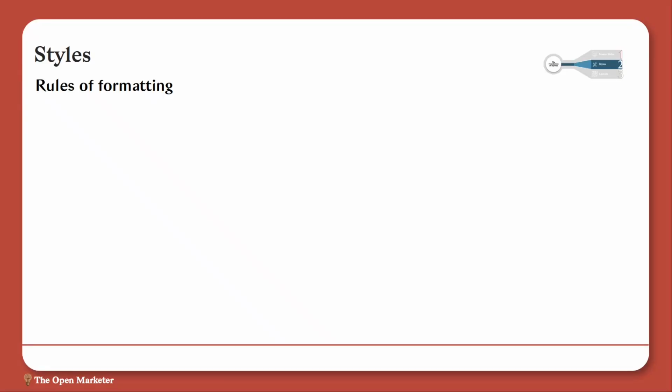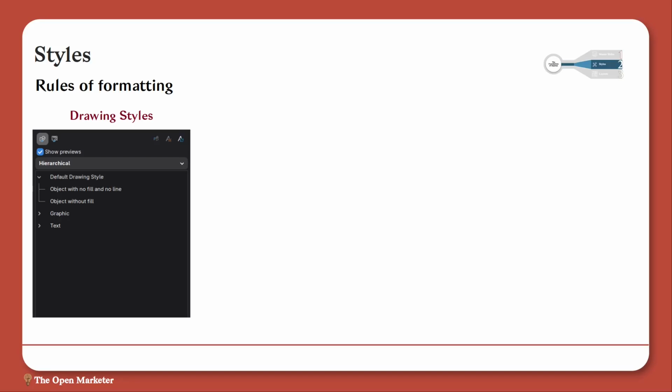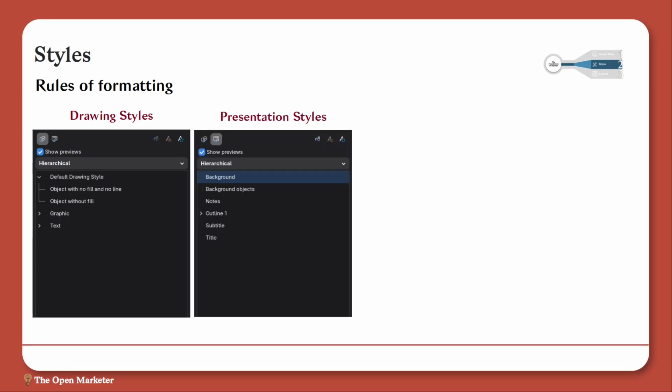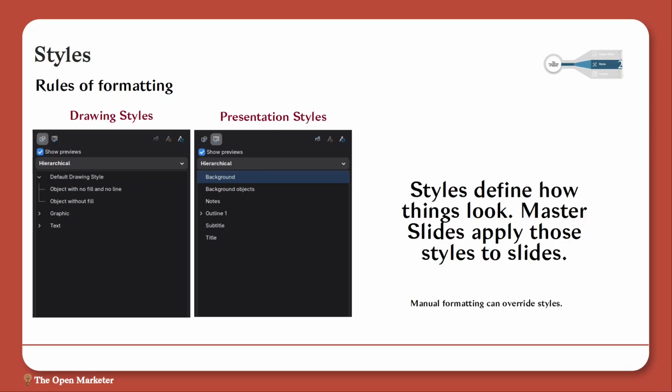Second, the styles. Now the styles are the rules of formatting and they define how the items on the slides are formatted. Impress has two styles, the drawing styles, which are used for graphic objects and texts, and presentation styles, which are used for the auto layout placeholders and elements on your master slide, like the title, the content placeholder, and even the background and background objects.